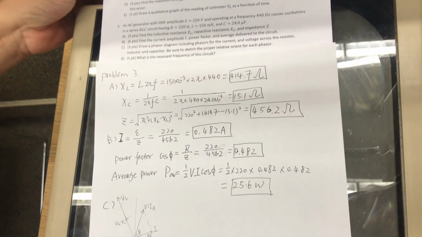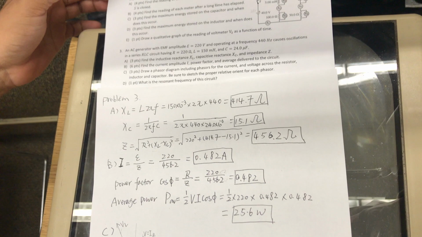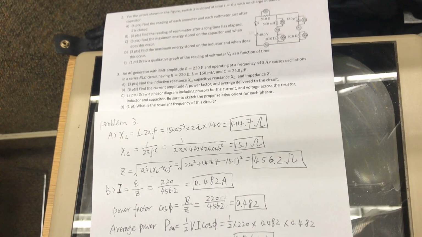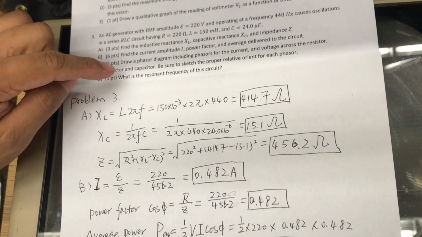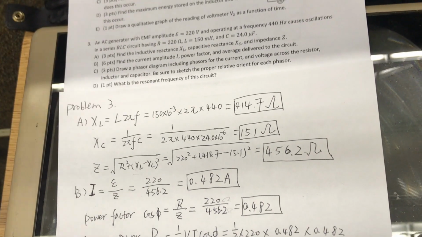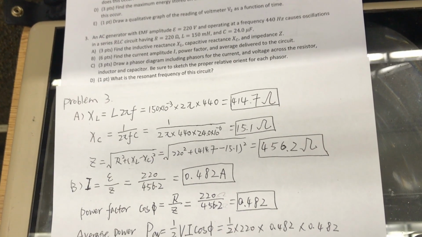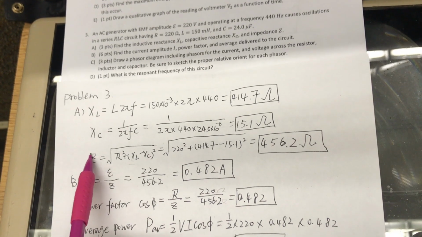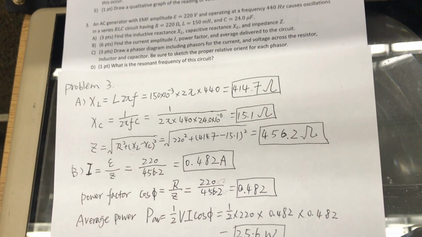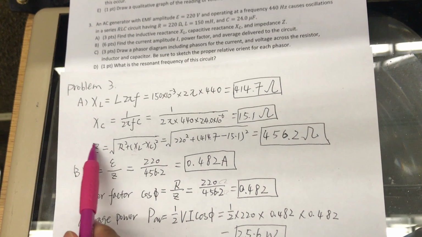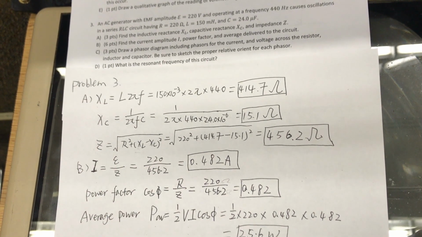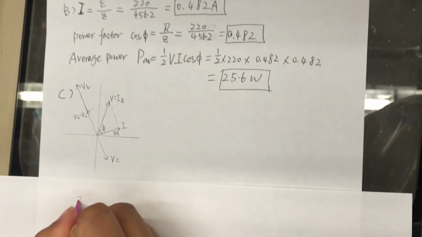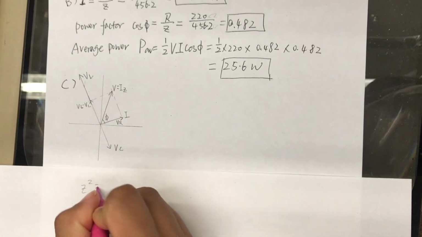D. What is the resonant frequency of the circuit? Well, at resonant frequency, the impedance will equal the resistance. So Z squared will equal R squared.